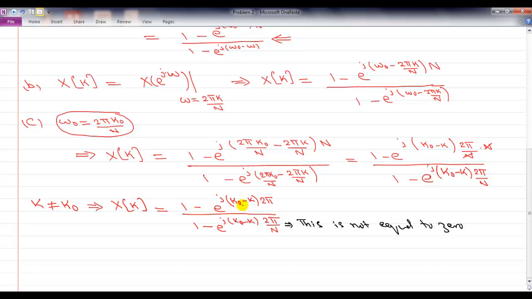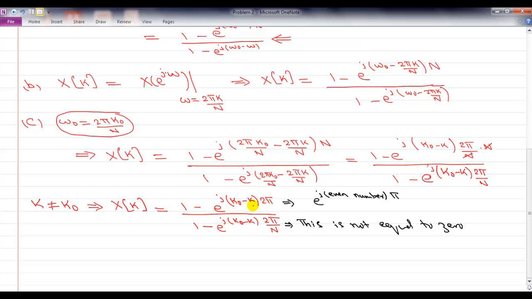And what about the numerator? Well, k naught minus k, if k naught is an integer, k naught minus k is an integer. And so this is just an even multiple of it. This is like e to the j, some even number, times pi, right?